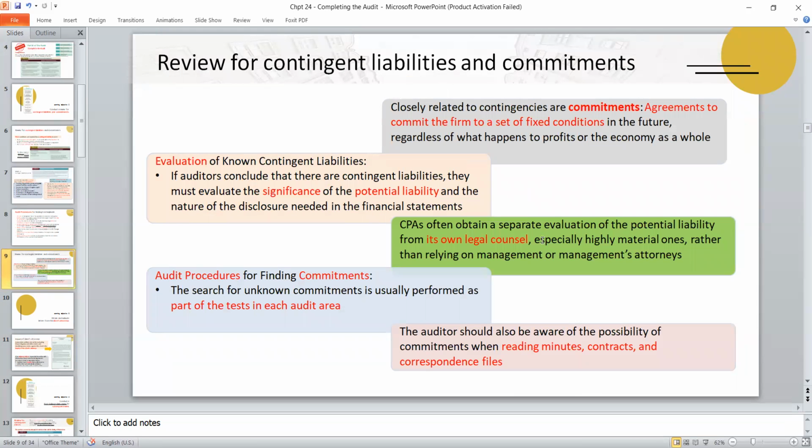I see, sir. And in the worst case, if the auditor still does not believe the result or the amount from the client's attorneys, they can discuss with their own legal counsel, something like that.